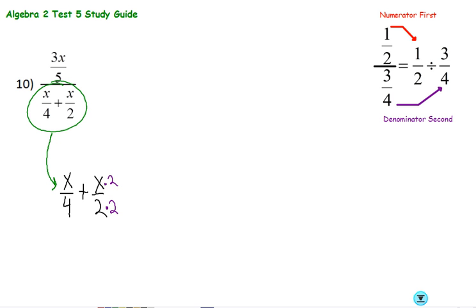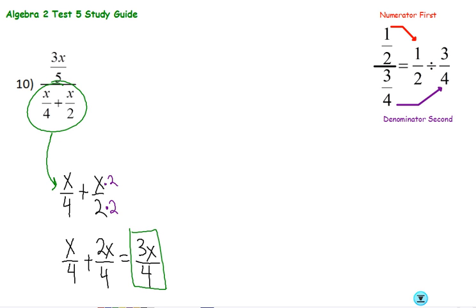I have to multiply by 2. Then the first fraction stays the same, x over 4, and I'd have 2x over 4. If I added x plus 2x, I'd get 3x, not 2x squared, right? We're not multiplying, we're adding here. If I had an x plus 2 more x's, now I've got a total of 3x. So I've got 3x over 4.